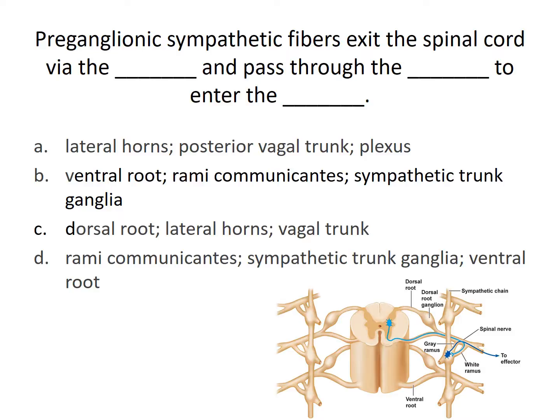And if you remember, the sympathetic fibers are always going to run via the white rami communicantes and enter the sympathetic chain ganglia or trunk ganglia.